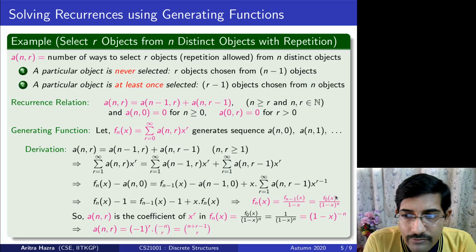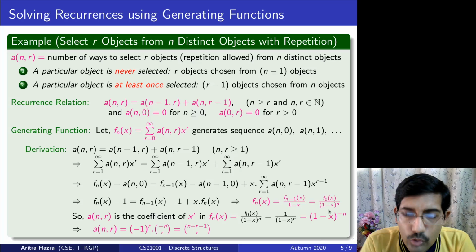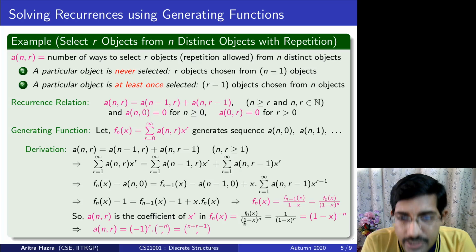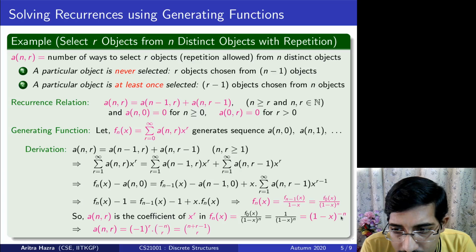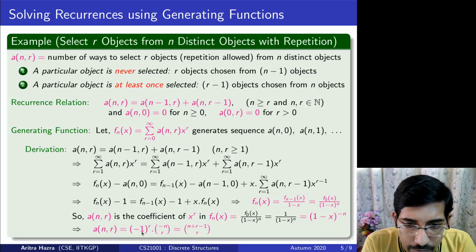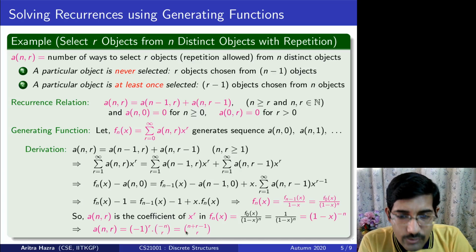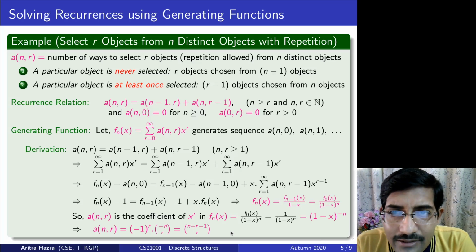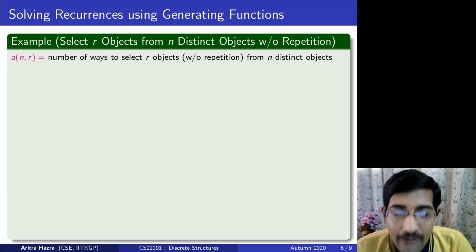If n is 0, then no matter what you take, you will have nothing to take; that is one option. Therefore, the coefficient of A_{n,r} will be the coefficient of x to the power r in this expression. And finally, we found that the coefficient is minus n C r into minus 1 to the power r. Let us change it a bit to clarify more.